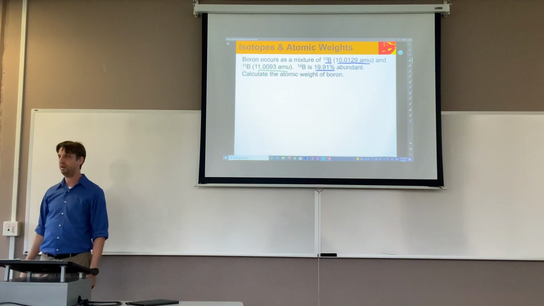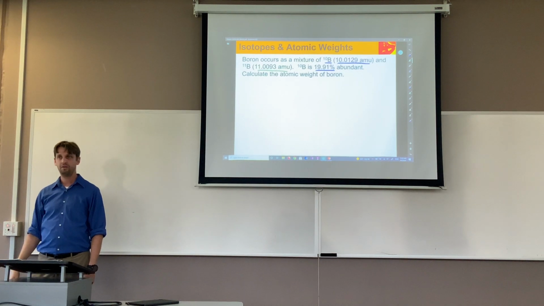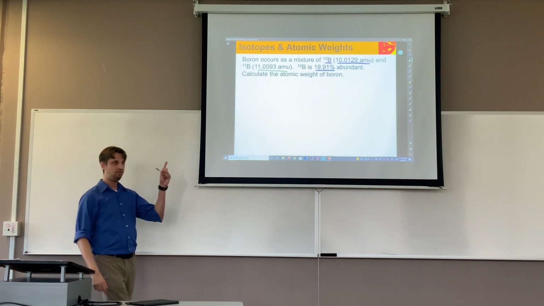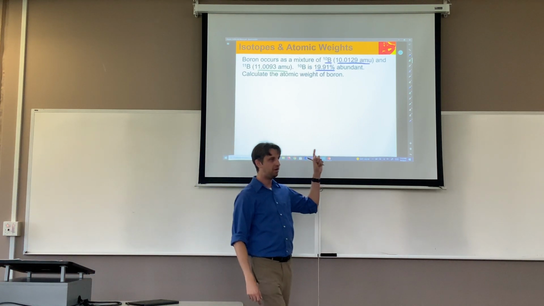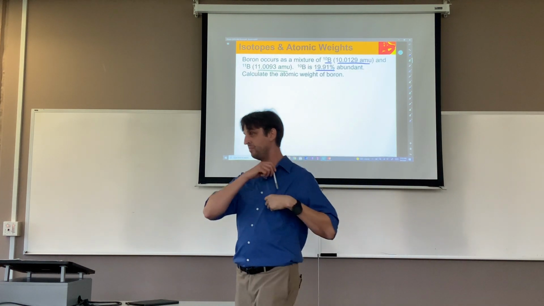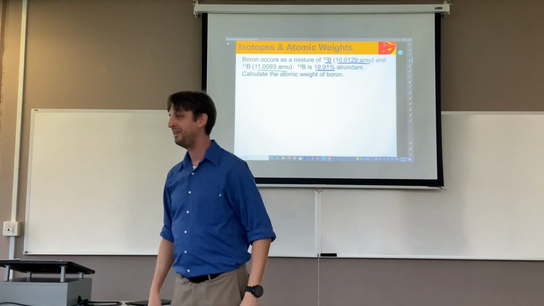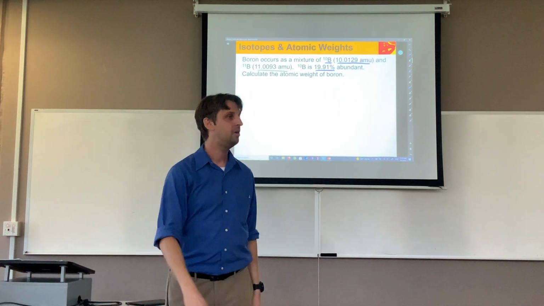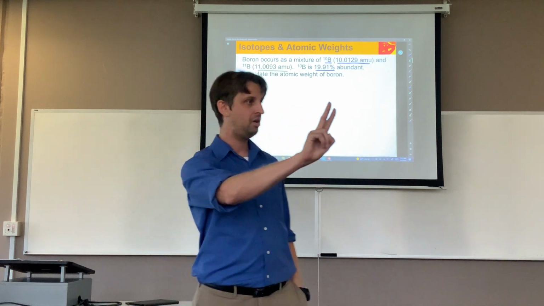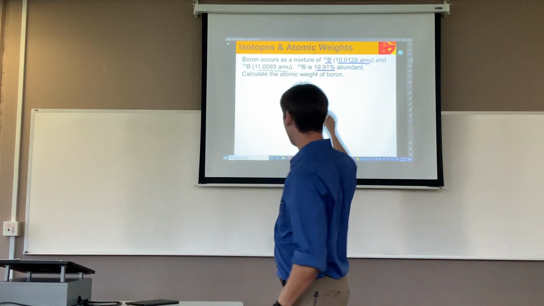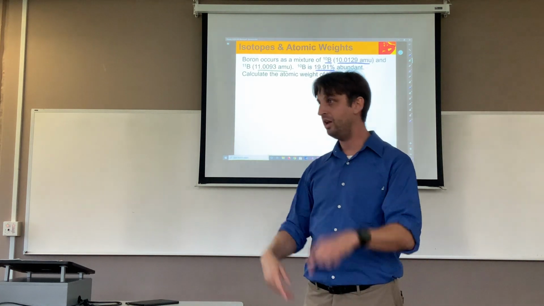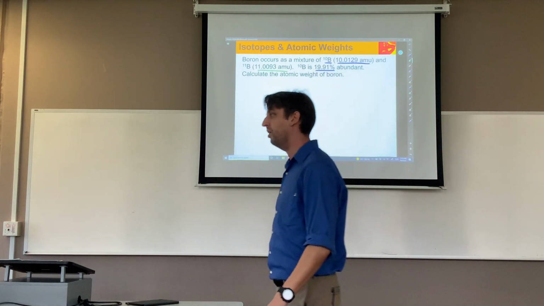I have the mass of boron 11. Do I have the abundance? Yes, I do. Do you guys see it? What's the assumption that we're working on? And it's a very good assumption. Everything has to add up to 100%. I tell you there's 2 isotopes. If one of them is 19.91, what does the other one have to be? 100 minus 19.91.